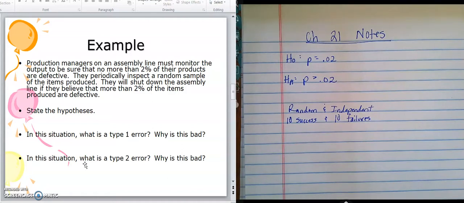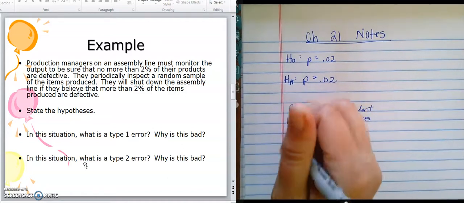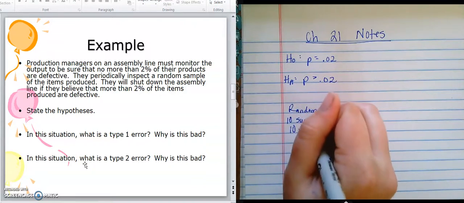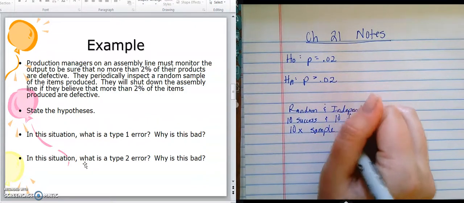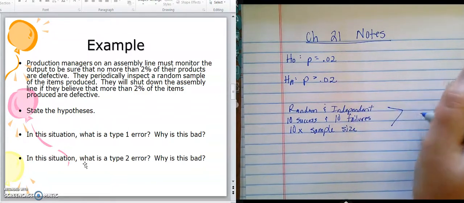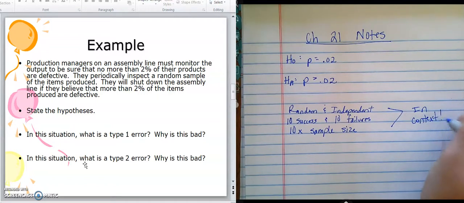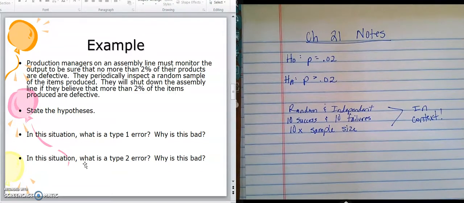And you have to have 10 times your sample size. Okay, so make sure you write these down in context. You absolutely have to do this every single time. All right, but that's not the point of this unit, this chapter.